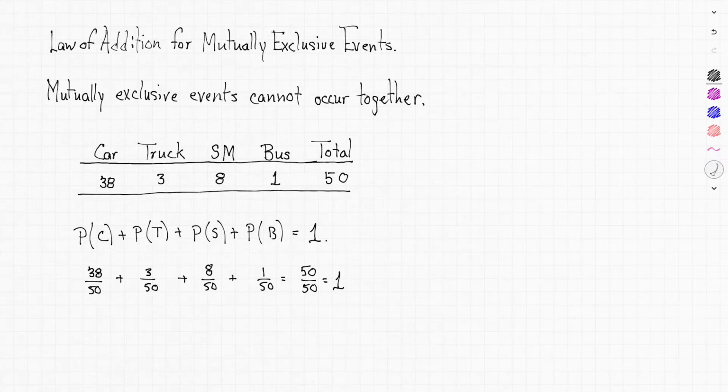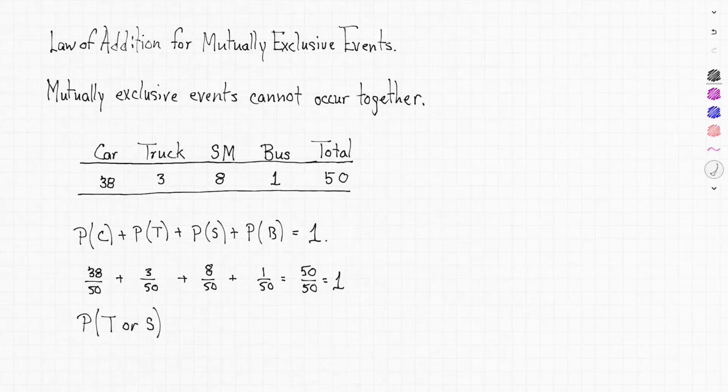Let's try something now called OR. I want the probability that I randomly select a person that drives either a truck or an SUV. We'll pick on those folks; they seem to be less environmentally conscious.